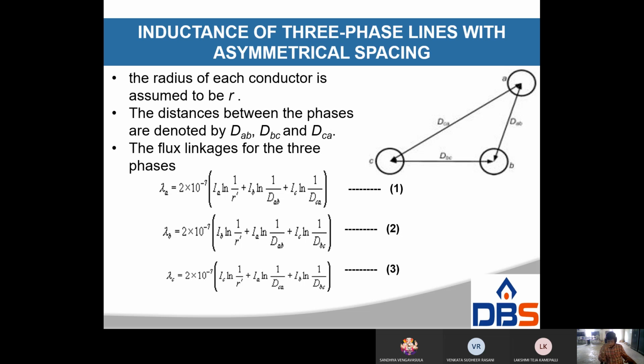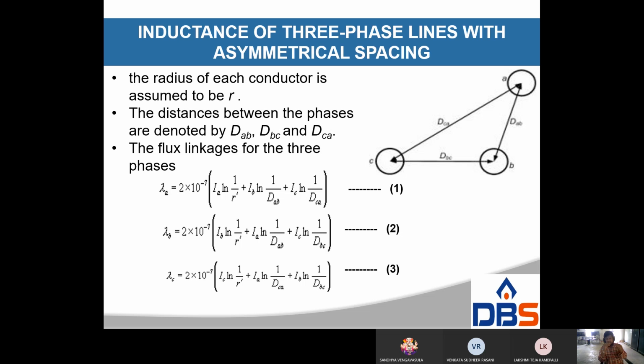In order that voltage drops are equal in all conductors, we generally interchange the positions of the conductors at regular intervals along the line. You understood? Whenever asymmetrical spacing is considered, voltage drops are not the same because inductances are not the same. To get the same inductance or voltage drop, transpose the conductors, interchange the conductors.